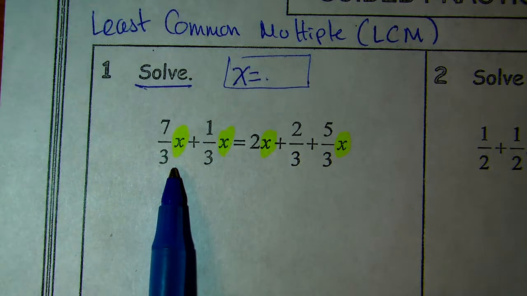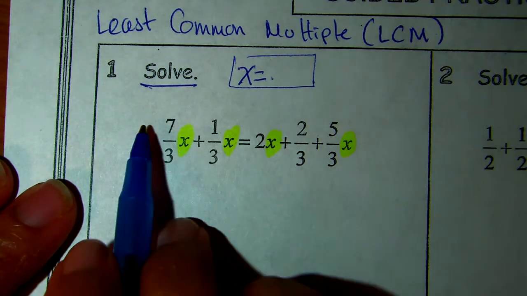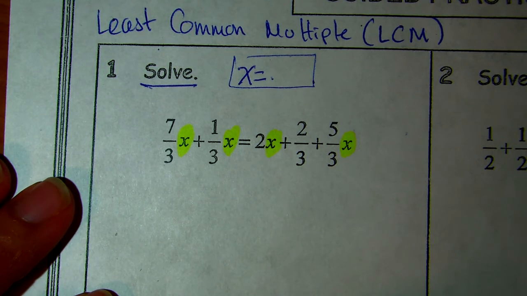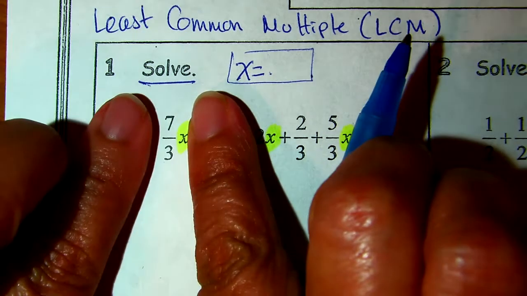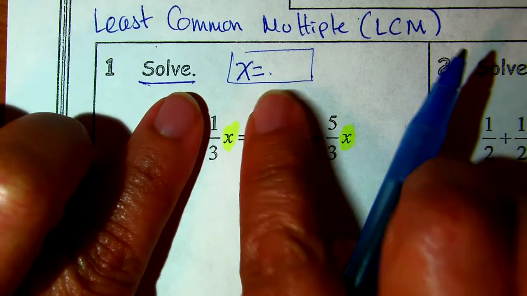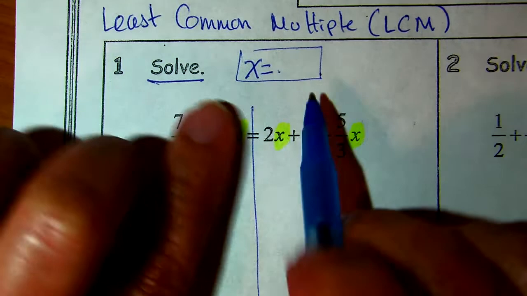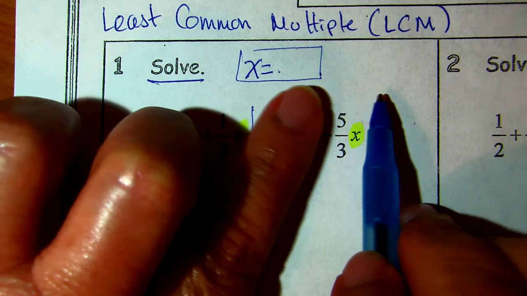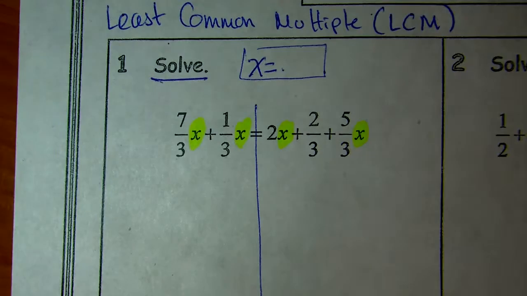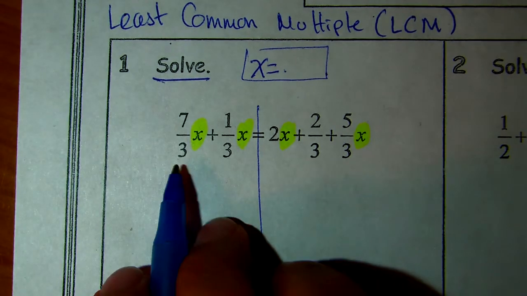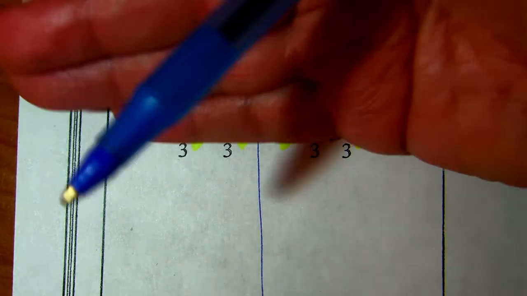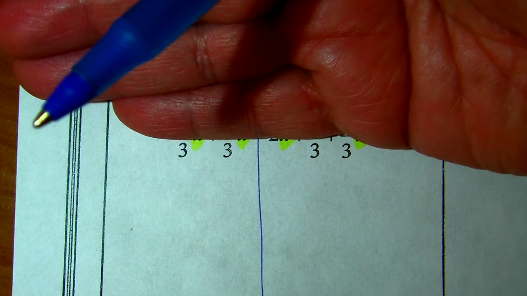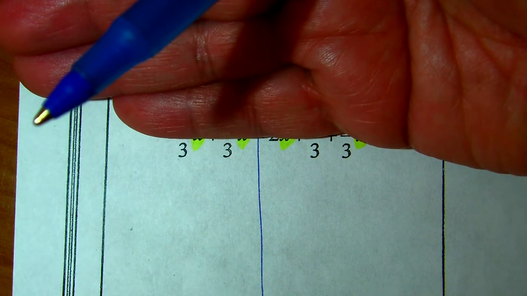So if we have fractions, we're going to multiply everything by 3. I have this plus this, then our equal sign, and then 2x plus this plus this. Since the common denominator is 3, we don't need to find a least common multiple. We can just multiply everything by 3.